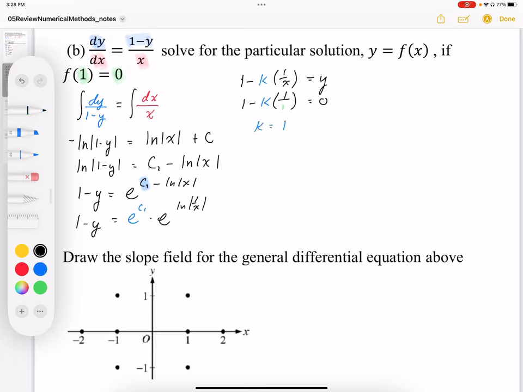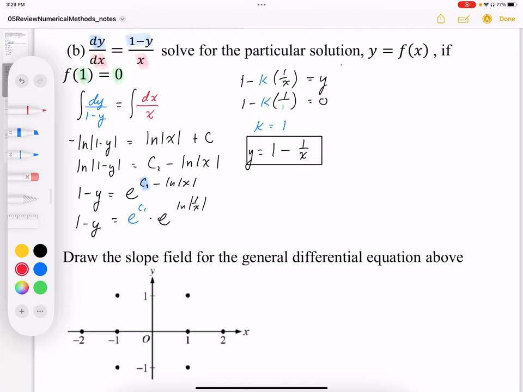Okay, so my final equation then is y equals 1 minus 1 over x. So that's one way to deal with that k, or that plus c.